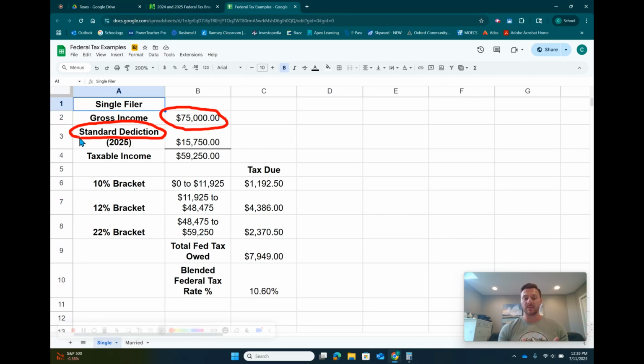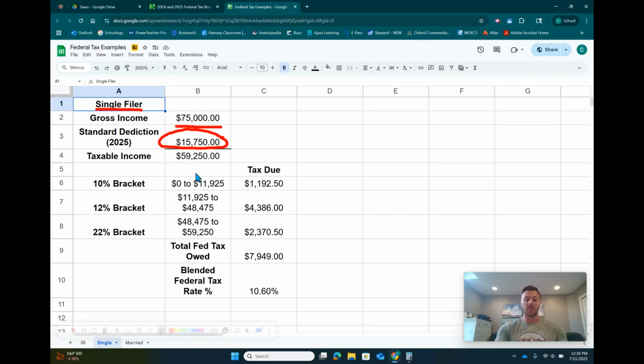If you have no idea what I'm talking about, the standard deduction is just an amount you can reduce your income by for free. The government says, even though you actually made 75,000, we're going to let you reduce your income by 15,750 if you're single. That's what the standard deduction does for you.